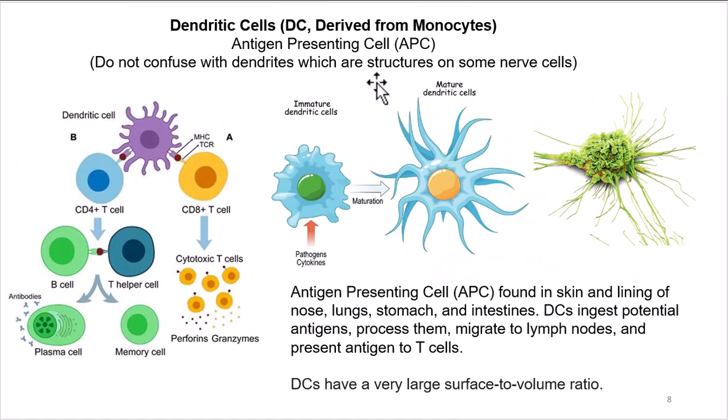The dendritic cells, which are also from these monocytes, in response to cytokines, they mature, and so then they can go and also engulf and then present on their surface to activate other elements of the immune system.